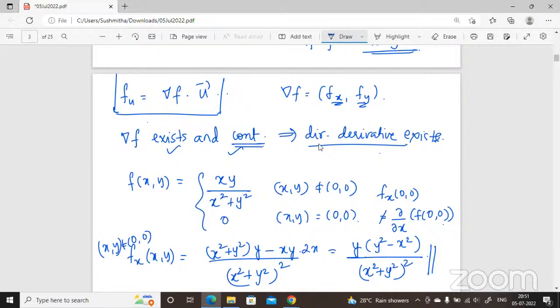The conditions mentioned were that it should exist and be continuous. We are talking about a particular point: del f exists at (a,b) and is continuous at (a,b), then the directional derivative exists at (a,b). So wherever it is continuous, you can use this formula.